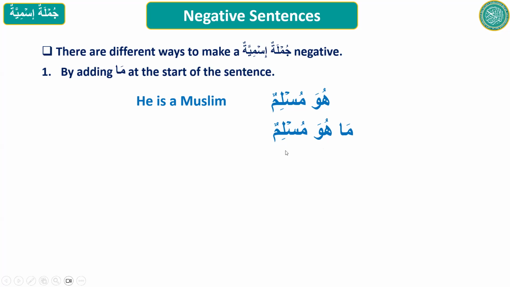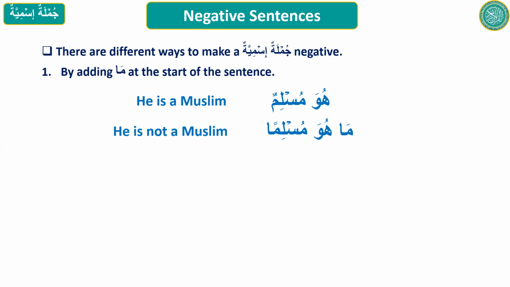So this is a wrong sentence right now. Ma huwa muslimun. How do we correct it? We change muslimun to musliman. So khabar is not in rafa status anymore. It is in nasb status. And this is the correct sentence. It means he is not a Muslim.